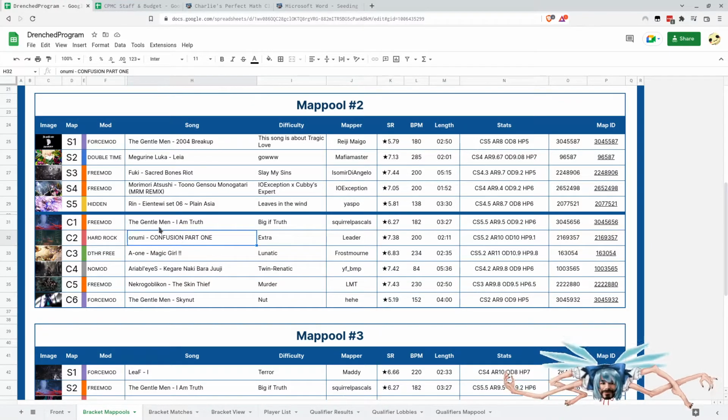Okay, let's use Confusion Part 1. Confusion Part 1 is just a straight up A map. So why would we have a No Mod 1 in Hard Rock? Because that's essentially what this is. This is not usually what a Hard Rock 1 is.